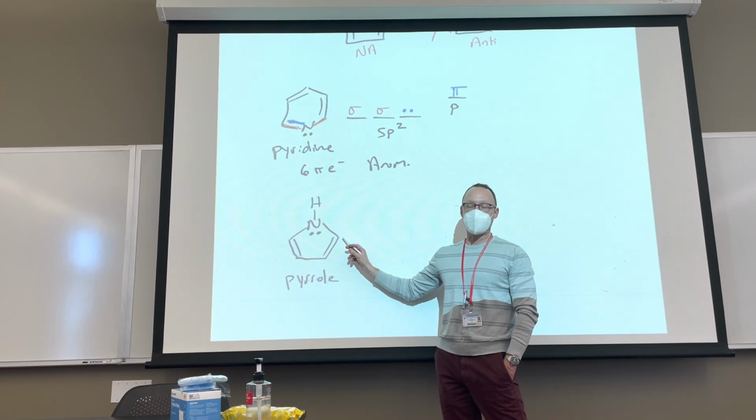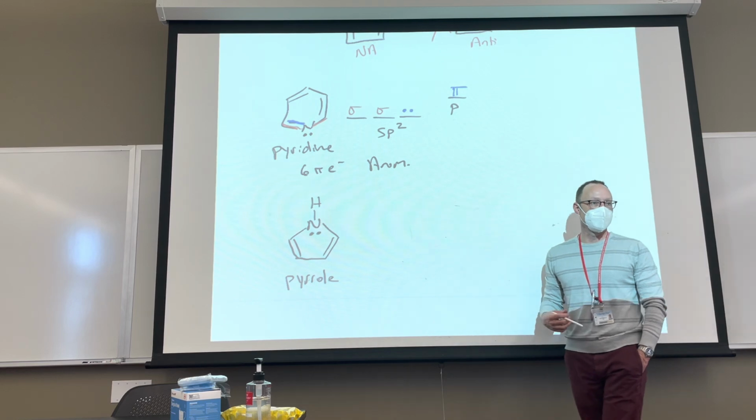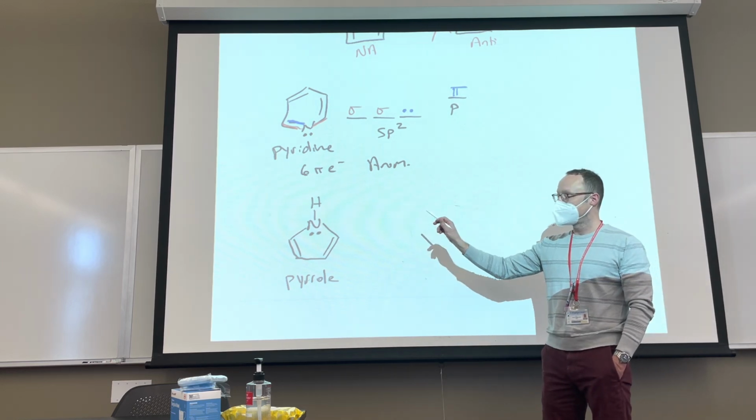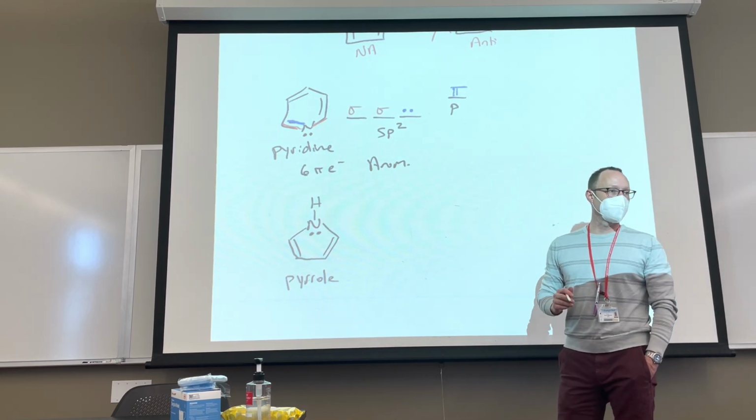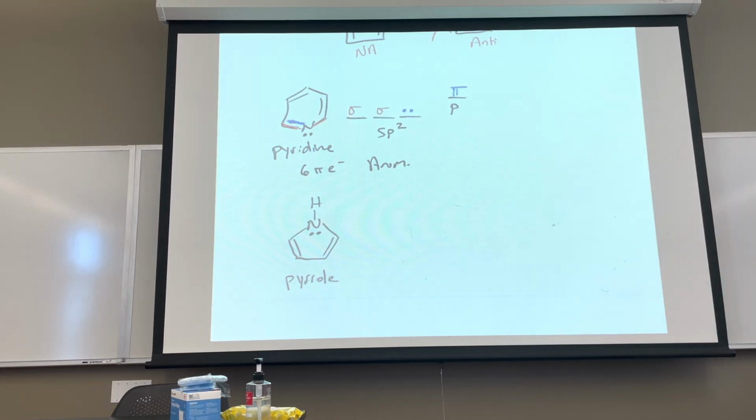And anytime you have that, the lone pair atom will be sp2 hybridized in order to delocalize the electrons through the ring. All right? So if that nitrogen is sp2 hybridized, then like the previous example, that nitrogen is going to have 3 sp2 hybrids and an unhybridized p.